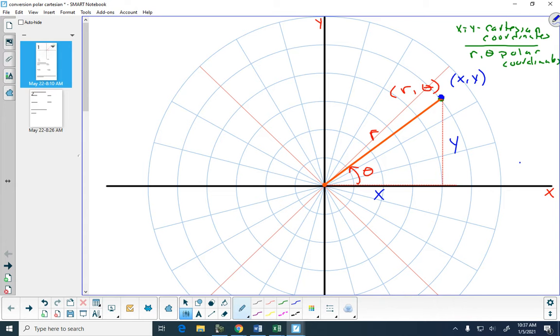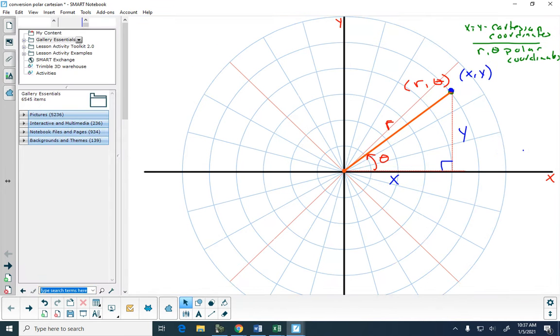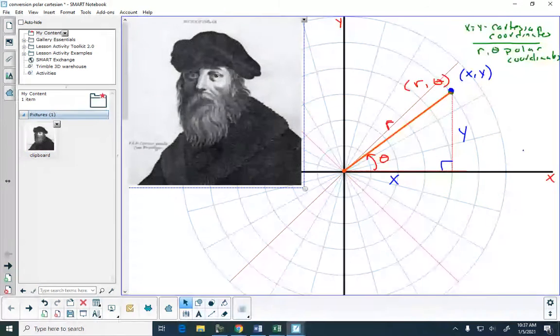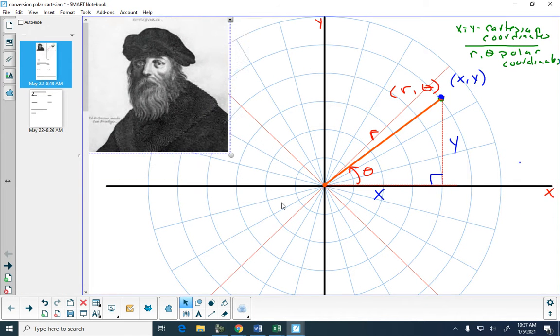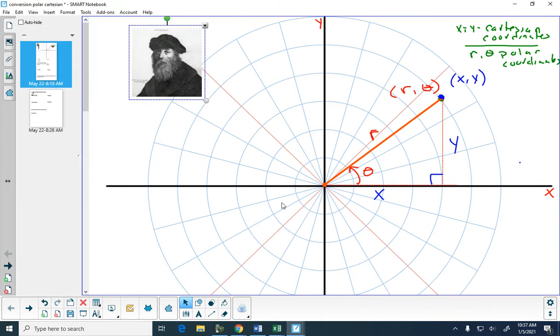Well, what we have just created with these two magical things is a right triangle. And if we have a right triangle, we have our good old buddy Pythagoras that still is with us.